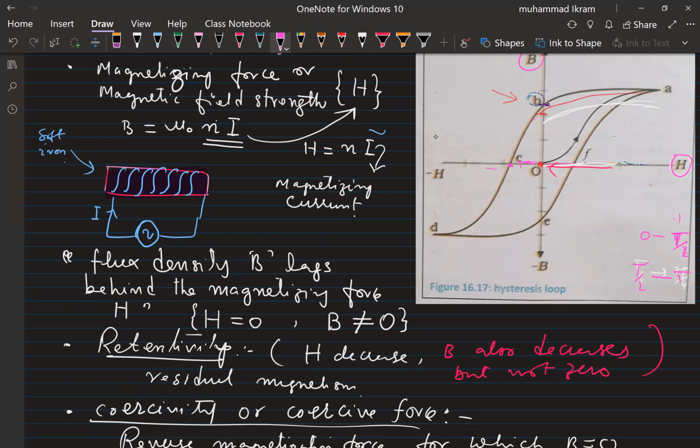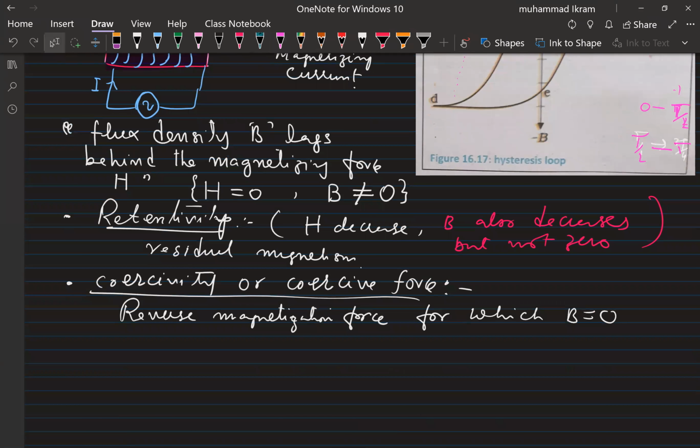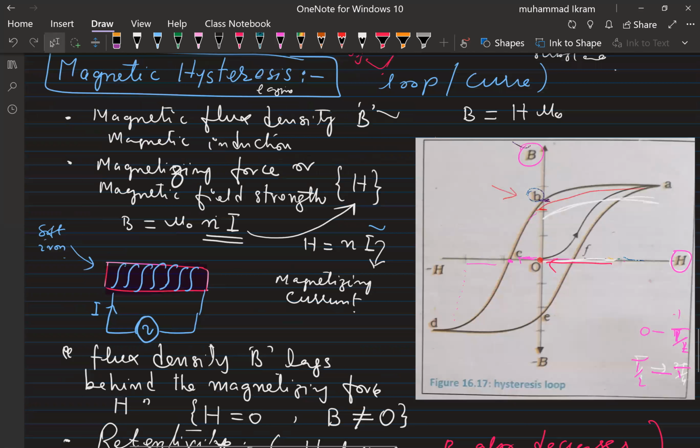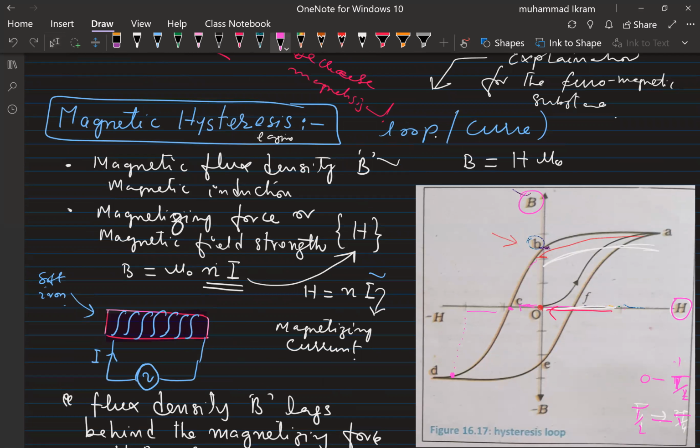But when you increase the reverse current further, the system gets magnetized in the reverse direction. We call this the magnetic saturation, the maximum value of the magnetic field in the reverse direction here.